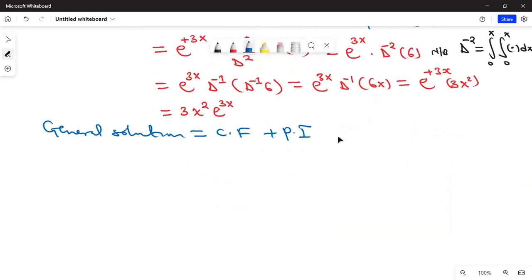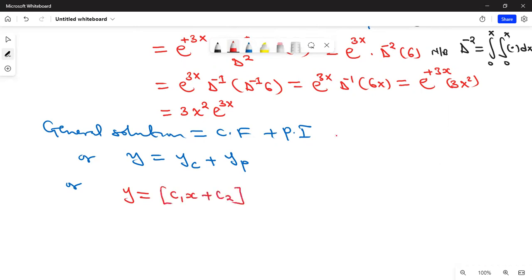So what was our complementary function? You say y is equal to yc plus yp. Or I can replace them. Y is equal to c1x plus c2 exponential 3x plus the other one we have found, 3x squared exponential 3x, where c1 and c2 are arbitrary constants.